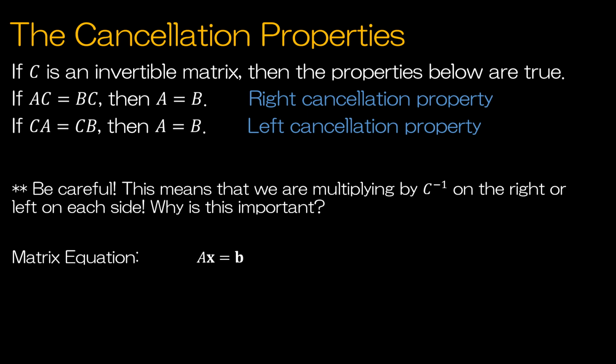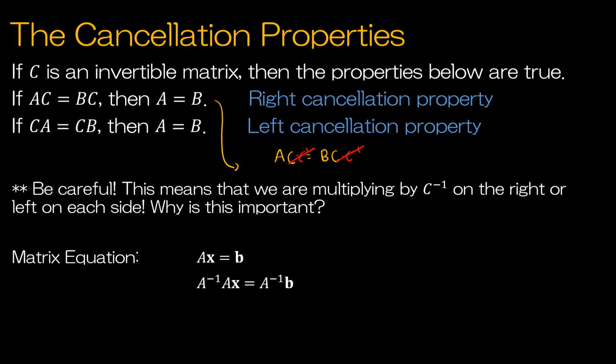Finally, I want to look at the cancellation properties, and these are super duper important. We're saying that if C is invertible, then the properties below are true. If AC is equal to BC, then A is equal to B. Now, what they don't show in this property is that they're saying AC is equal to BC, then if I take it times C inverse on the right, which is why it's called right cancellation, C C inverse is the identity.